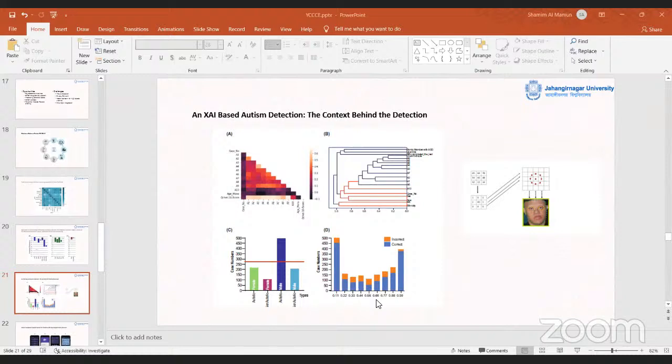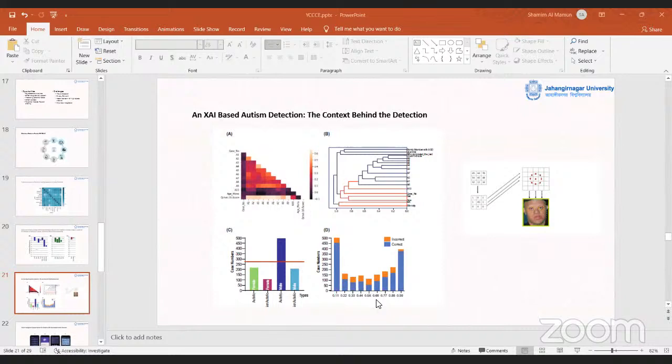Even now, this kind of explanation is given by the doctor or analyst or radiologist who analyzes the X-ray or MRI or other diagnosis images. So why not the computer? If the computer analyzes all the reports, diagnoses and classification of disease to assist the doctor, it can say you may take my decision in that context, these features are pretty much indicating that you have that kind of disease.